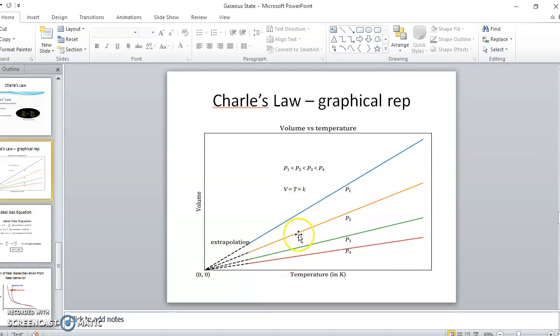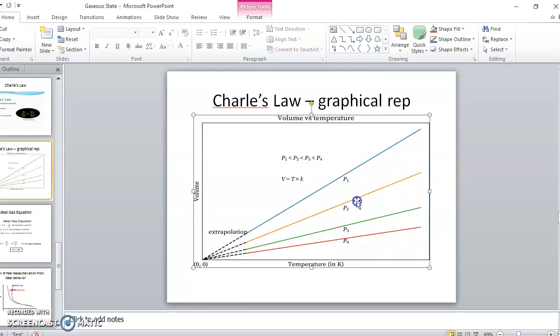Now we plotted 4 different curves at different pressures numbered P1, P2, P3 and P4. How are these P1, P2, P3 and P4 related? It is simple. Here you have the volume. Volume is increasing from here to here, going upward.